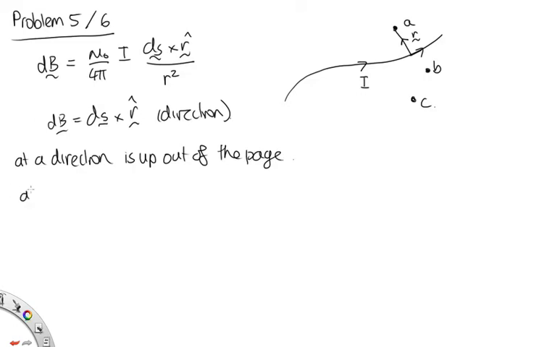Now at B, in this case r is in this direction and ds is in the same direction. So ds cross r, just using the right hand rule, is down into the page.